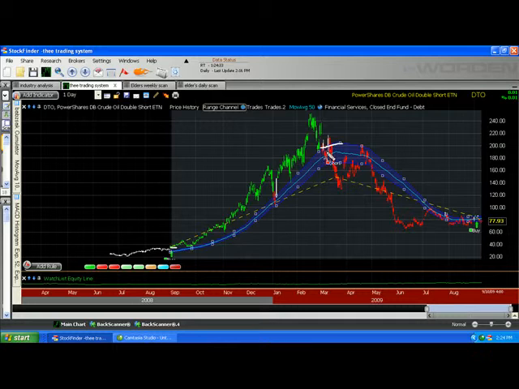So it didn't take long to take $30 and turn that into over $200, and to go short over here at about 160 and cover that short at $78. Let's call it $80. So we made 50% on the way down.